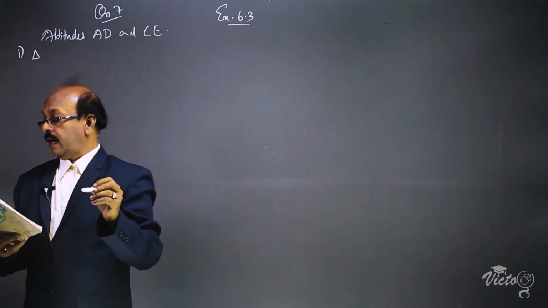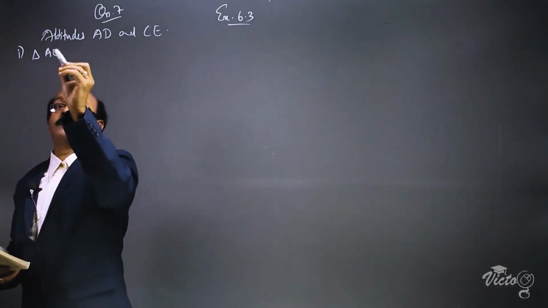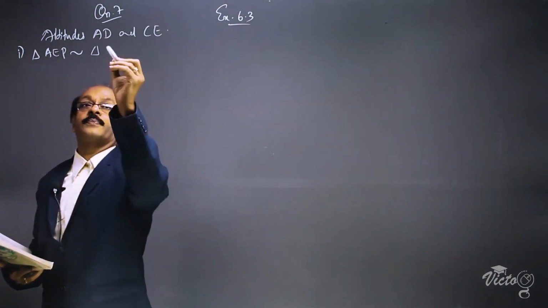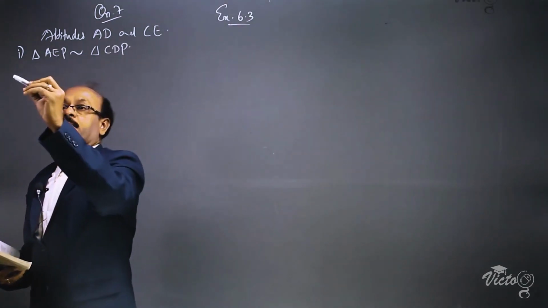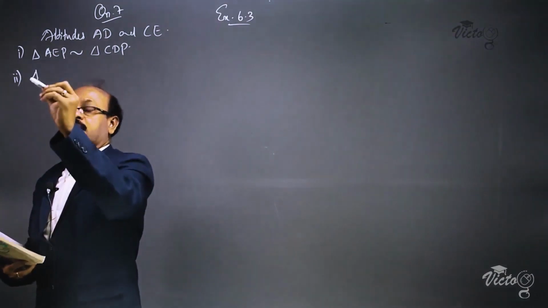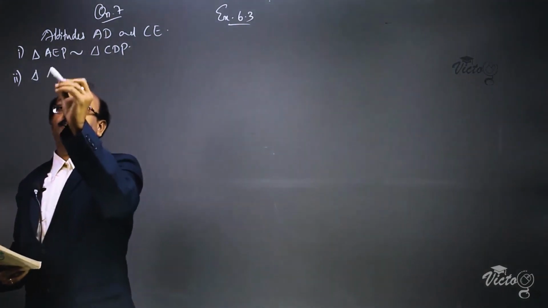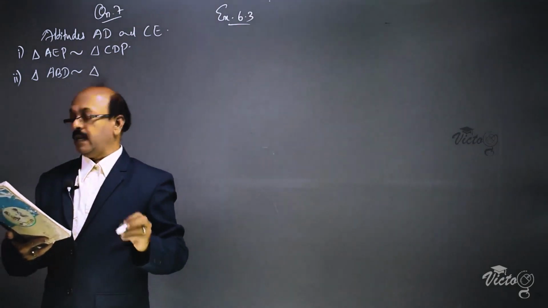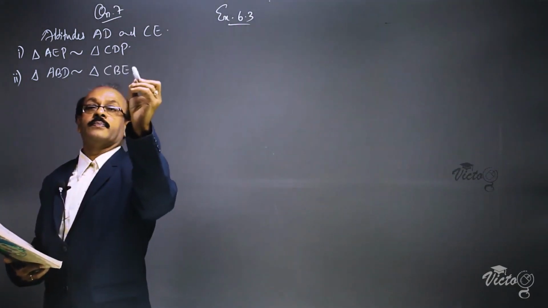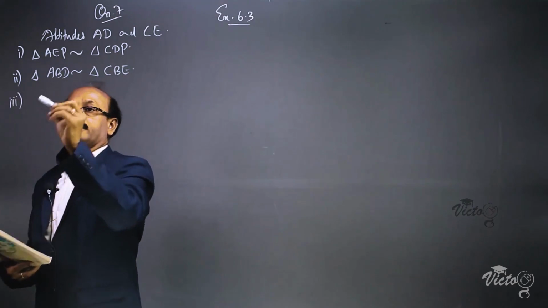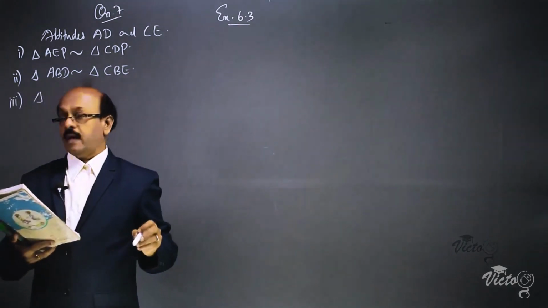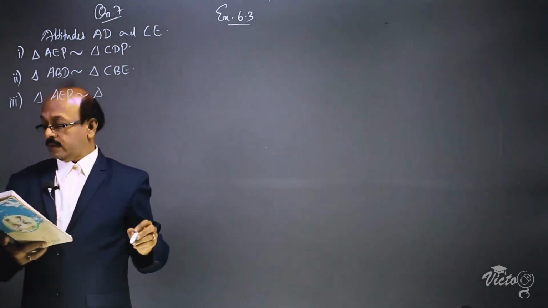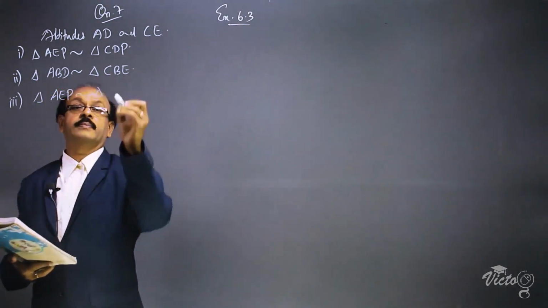Triangle AEP is similar to triangle CDP. Second part, triangle ABD is similar to triangle CBE. Third part, triangle AEP is similar to triangle ADB.